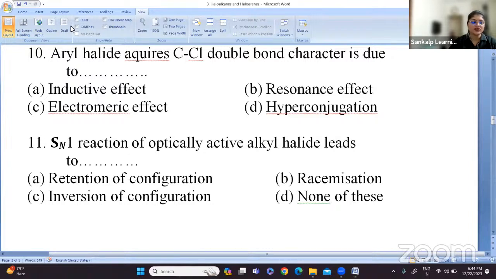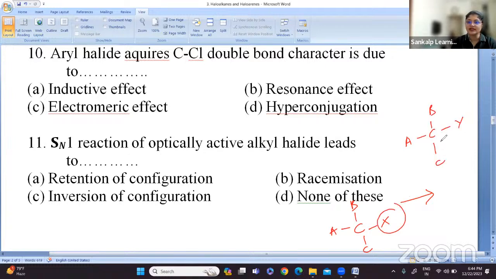What do you mean by retention? Retention means, suppose I give you a center with A, B, C, and X. When it undergoes a reaction, the configuration will still remain the same.